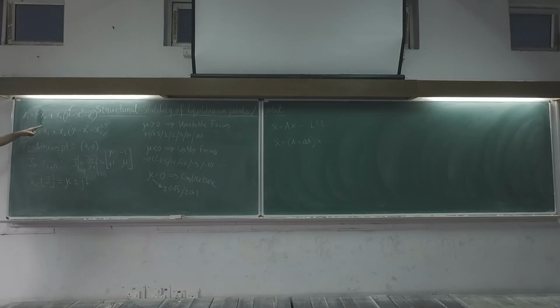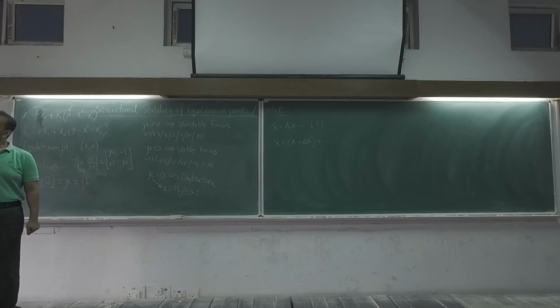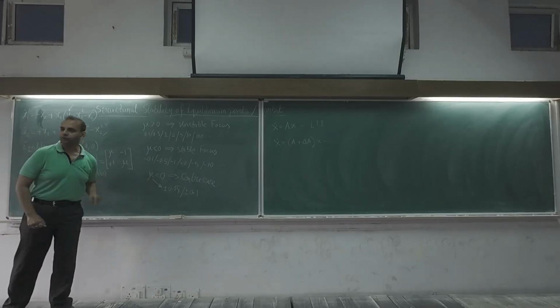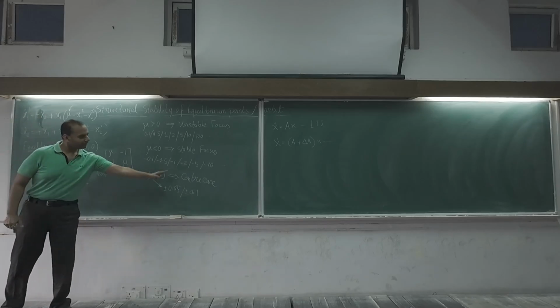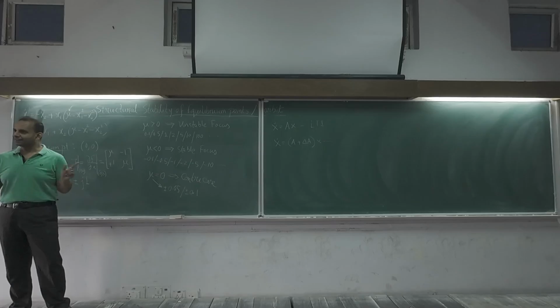Like mu is a parameter which may change, depending upon some perturbation in the system. Without the perturbation, if the mu value remains constant, suppose mu equals 0, ideally mu should be 0, then it must give you the sustained oscillation in the center case.